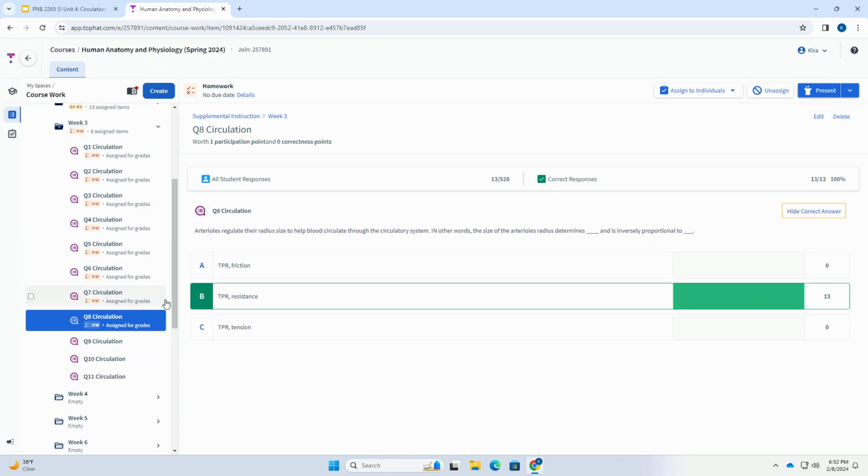Cool, you guys got it. So radius is inversely proportional to resistance.